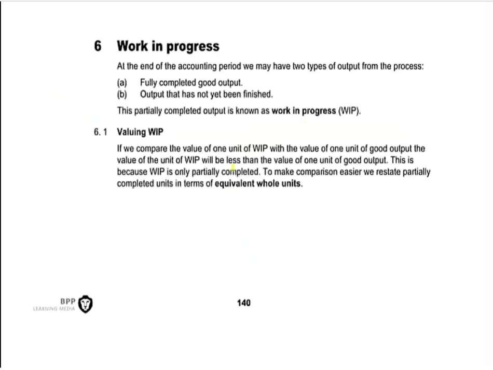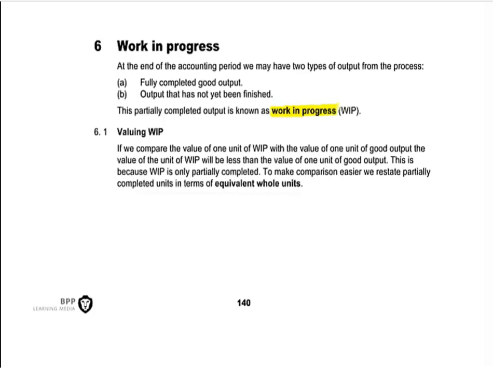The assumption we've made so far is that everything that we start gets finished by the end of the period. But in reality, it's likely that there'll be unfinished items at the end of the accounting period. The unfinished or partially complete is known as work in progress.